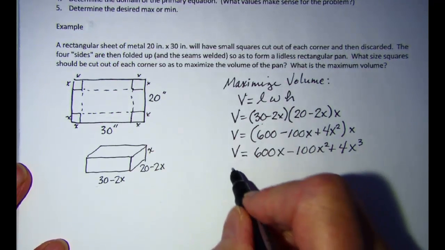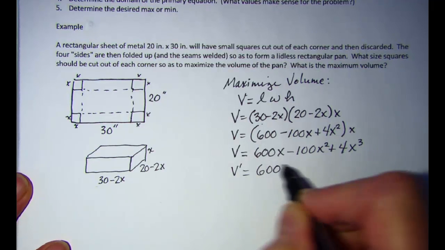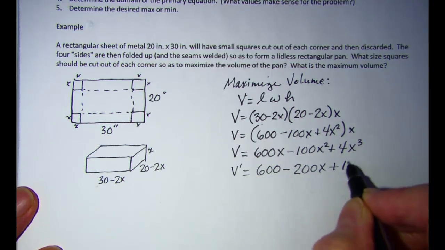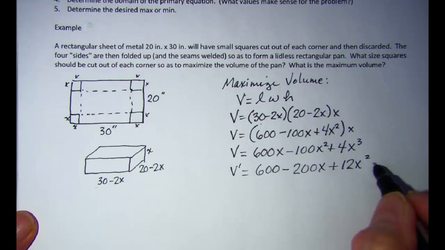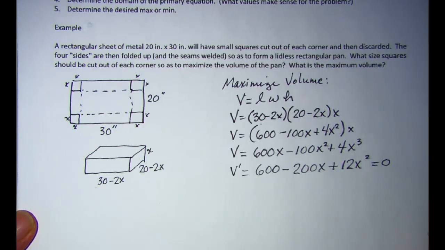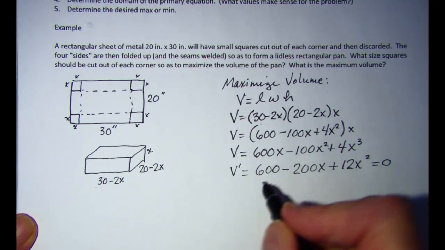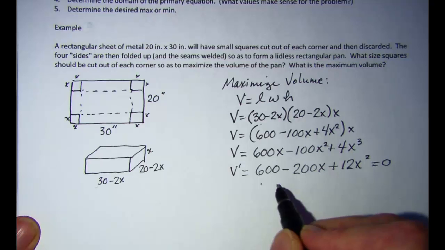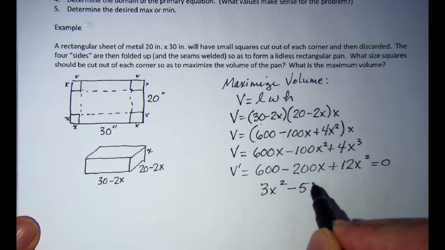Alright, the derivative of this expression then is 600 minus 200x plus 12x squared. If we set this equal to 0, I can divide through by 4 to give a simpler equation. 12x squared divided by 4 is 3x squared. Negative 200x divided by 4 is negative 50x.